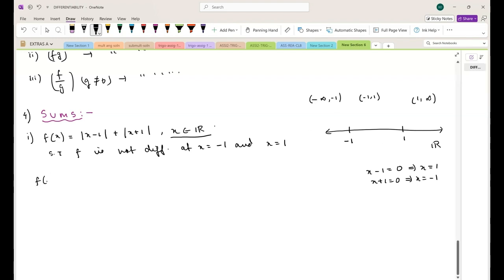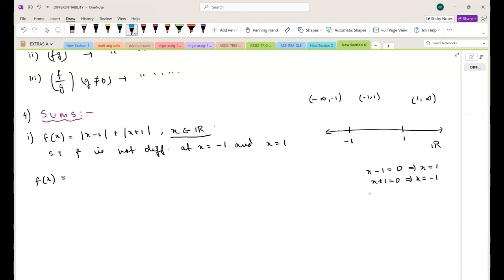So f(x) equal to, first if you take a point here, say −2. If you take −2, then what happens to f(x)? x − 1 is −3, this is negative, right?